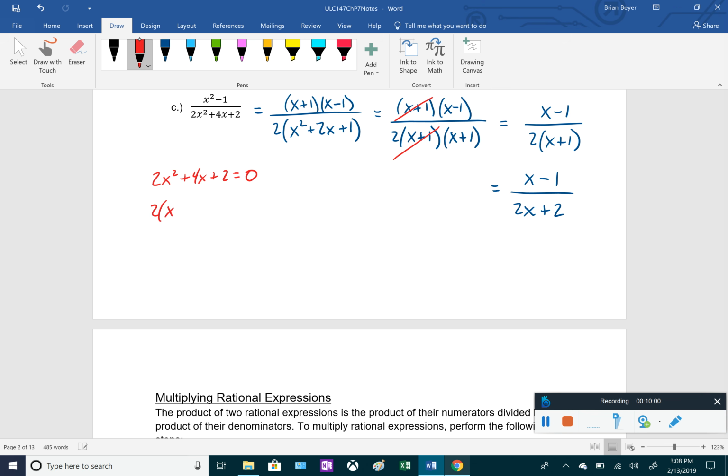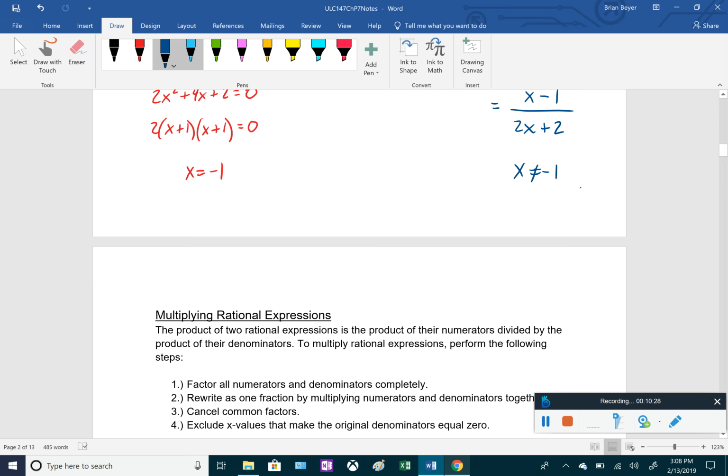That's 2 times x plus 1 times x plus 1 equals 0. The only way that's going to be 0 is if either 2 equals 0, which it doesn't, so we can ignore it, or x plus 1 equals 0. That will give us x equals negative 1. So we just have to go over here and say x cannot equal negative 1, and then we're done.